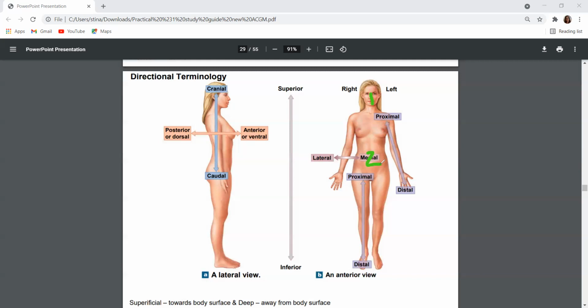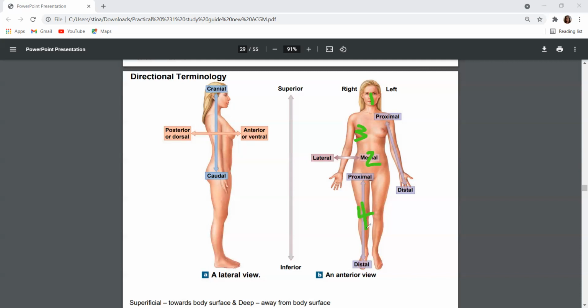Now let's do another one. Let's do the breast here. Number 3 is what to number 4?